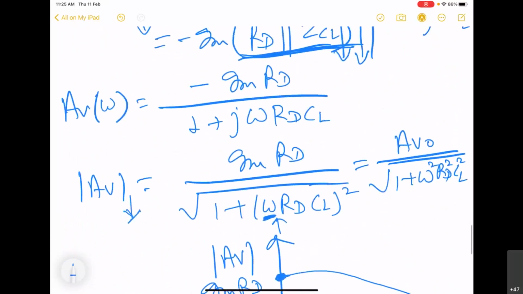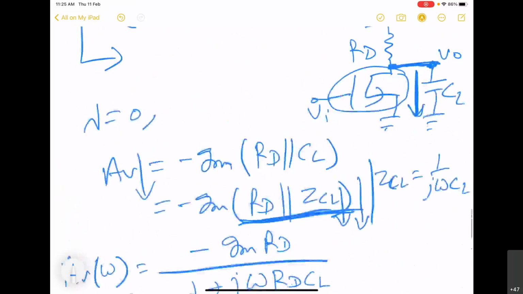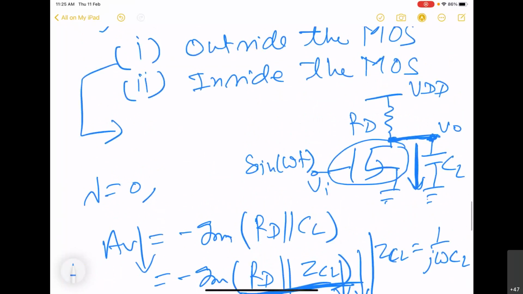Now here you can see that this quantity, Av in general, will have a phase also. The meaning of phase is that if you feed a sinusoid here, sine omega t, the output of course is going to be a sine, but there will be a certain phase shift, so the output sine will not be the same as the input.